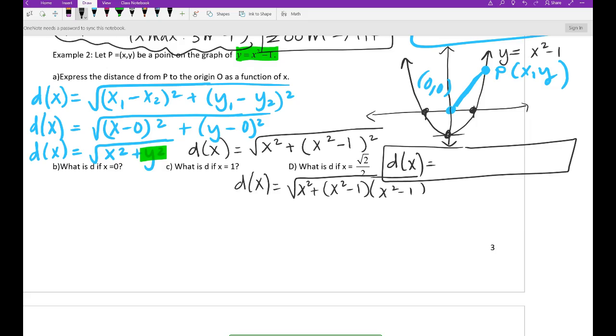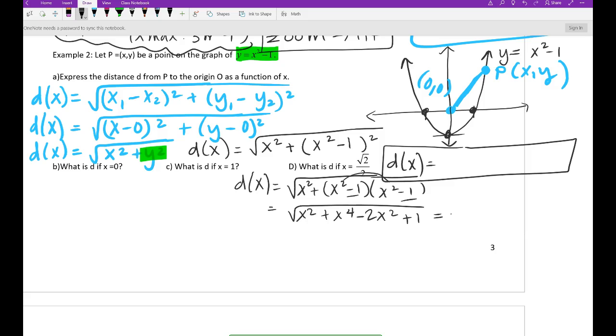So now what? FOIL? Sounds like a great idea. Okay, x squared times x squared is x to the 4th. What's in the middle? How many of those do I have? Negative 2x squared, right? And then a negative 1 times a negative 1 is positive 1.